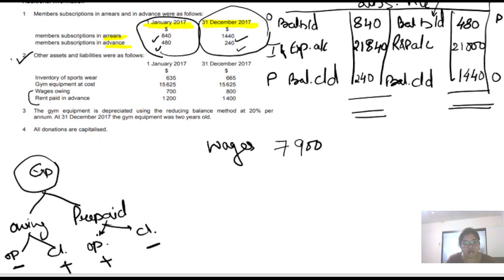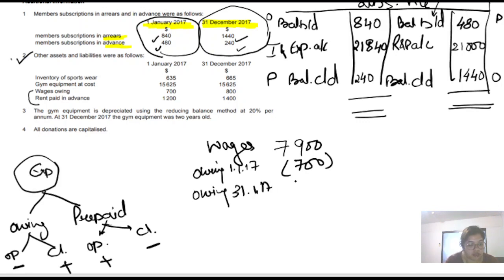Okay, and wages owing, it means here the owing opening is 700. So owing opening 700 you're going to deduct. Okay, owing on 1st 2017, and owing on 31st 1 2017, which is your 800. So you have to add it, because owing closing we have to add it.